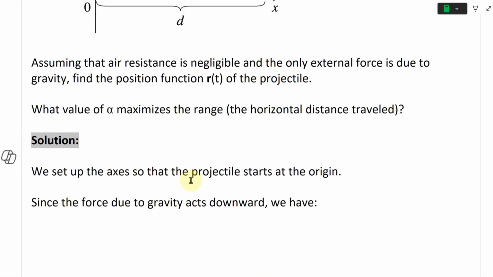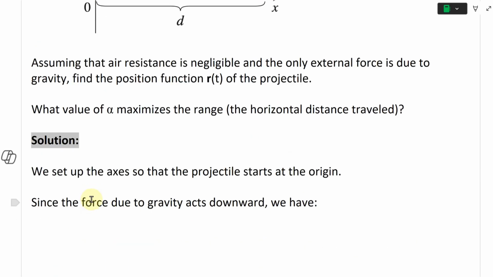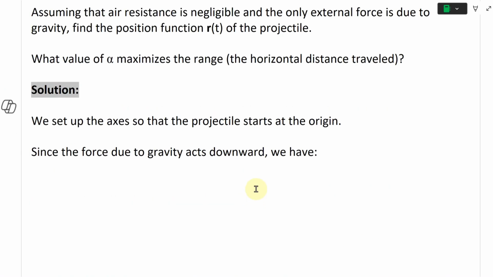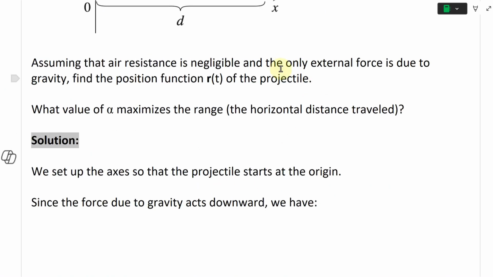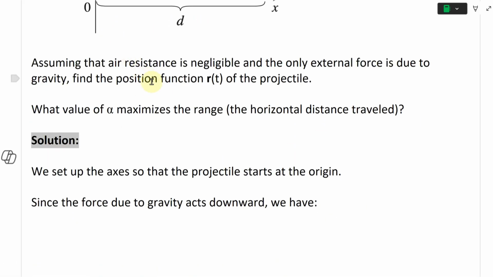We set up the axes so that the projectile starts at the origin, just as in this figure. Since the force due to gravity acts downwards, it's the only force acting on it after you launch it, because air resistance is negligible in this case.